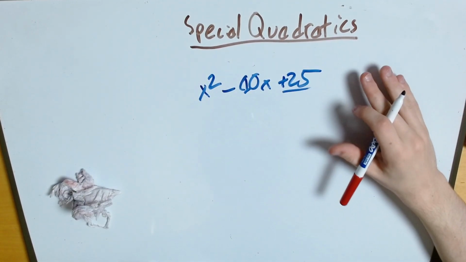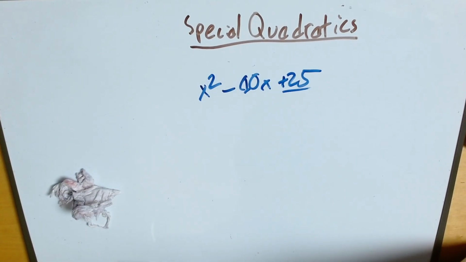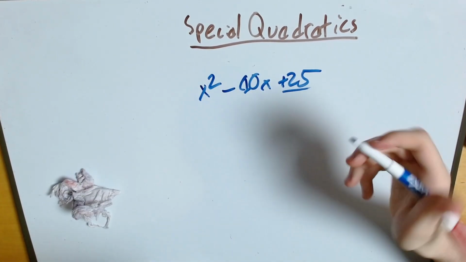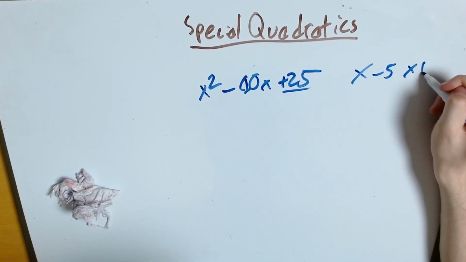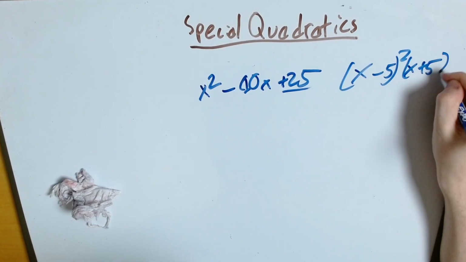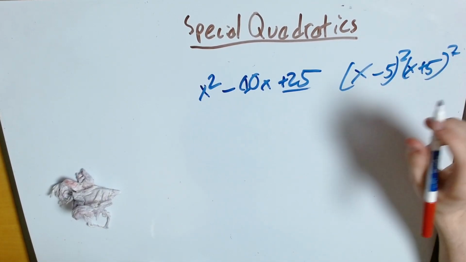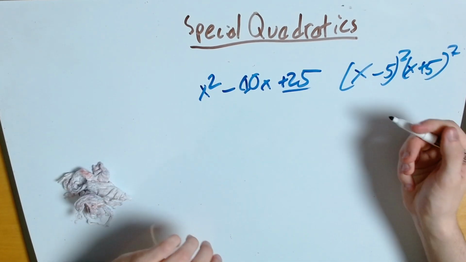Maybe this is a perfect square. So I think, well, what would happen if I'm squaring something like x minus 5 or x plus 5? I'll square these both, and I'll expand them out just so we can see what general patterns we're going to have, right?